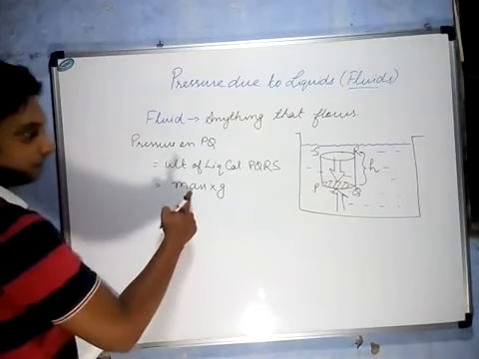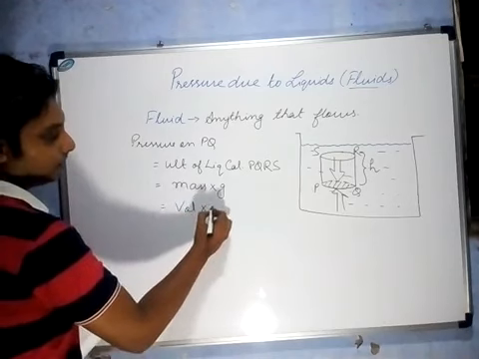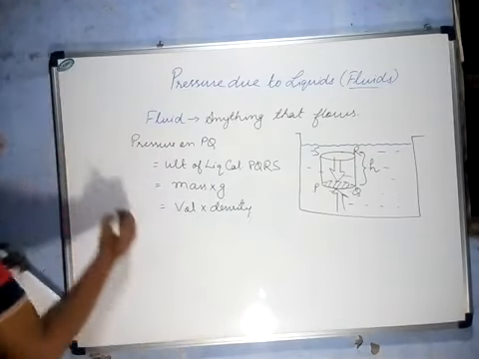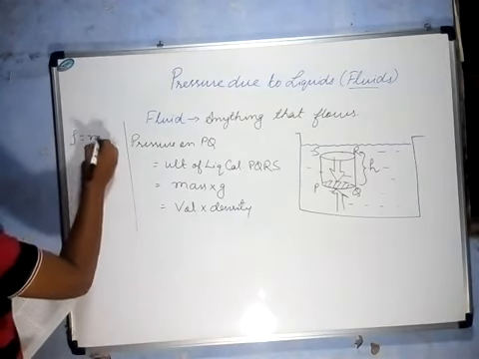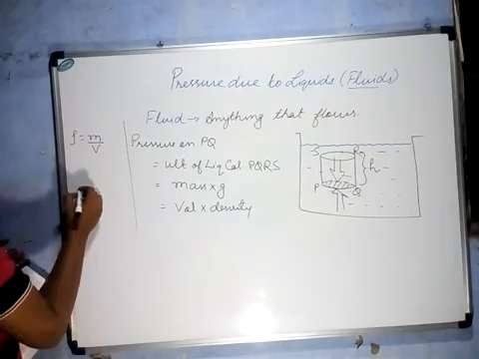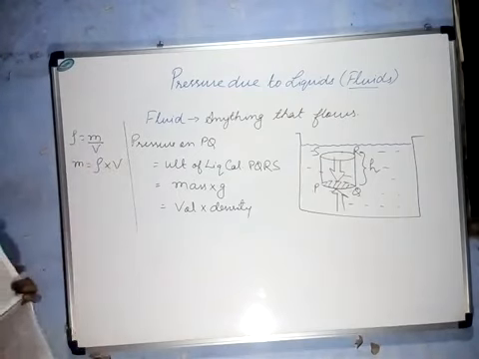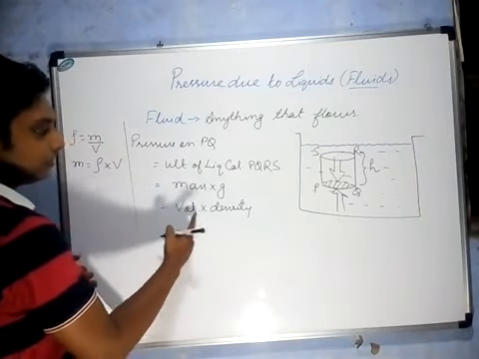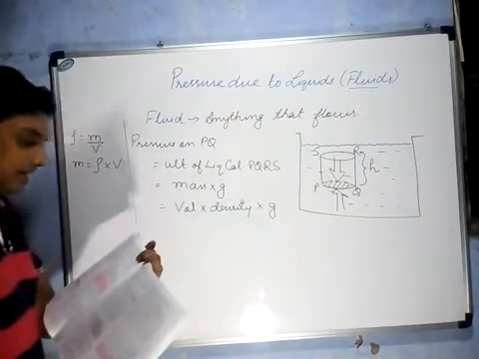Instead of mass, can we write volume into density? Because we know density is equal to mass by volume, so therefore mass is equal to density into volume. So we have written in place of mass, volume into density. Into this G we will keep it as it is.